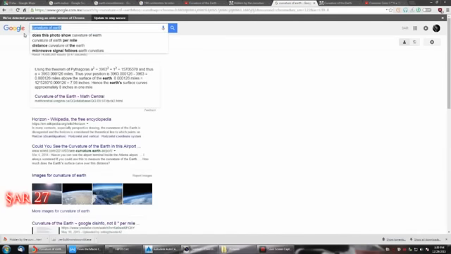I'll just press enter, it reloaded, curvature of the Earth. They changed it. They changed it completely. This time they actually put the math on how they get there.